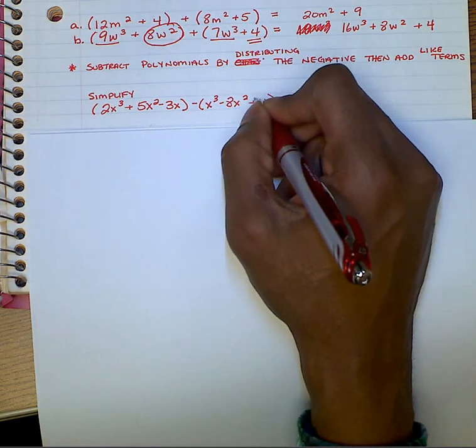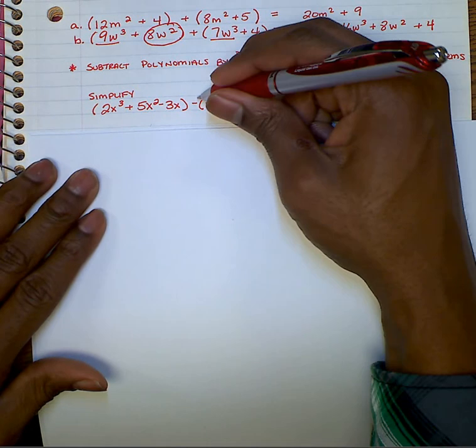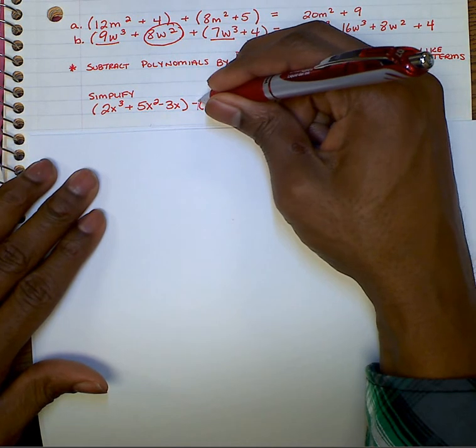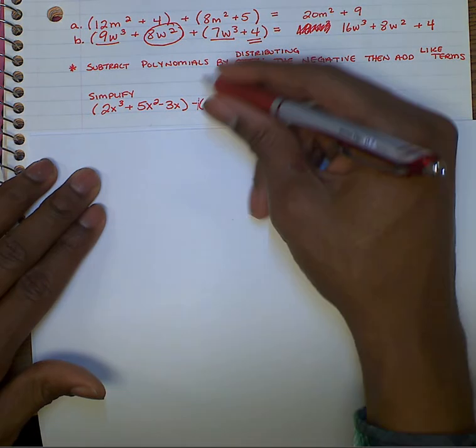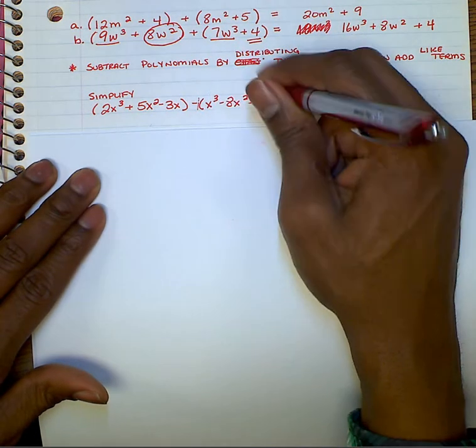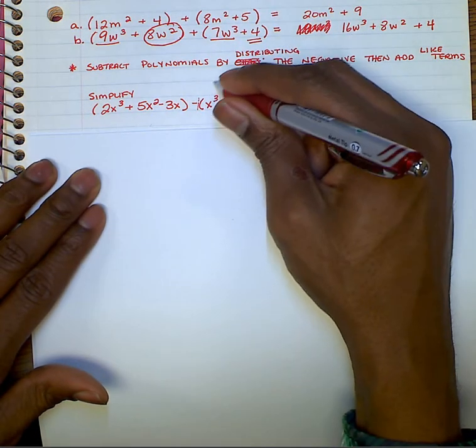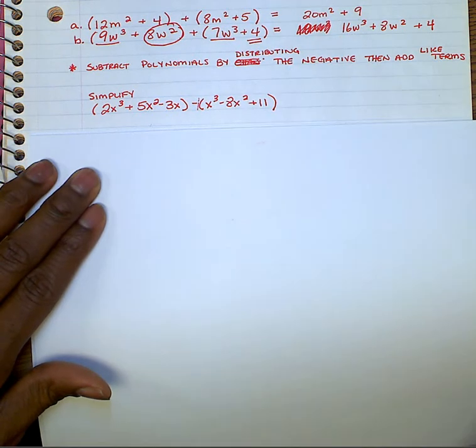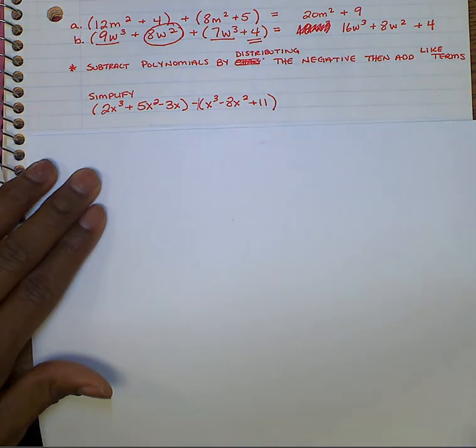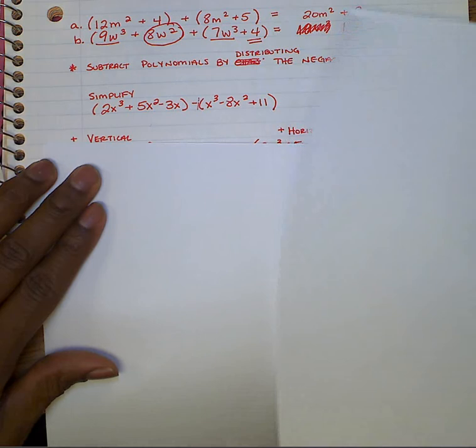Okay. But remember that there's this invisible one here, this understood one that we don't write because everybody should know it's there, that we have to distribute to every term inside here. So it'd be negative x cubed plus 8x squared minus 11. Okay. And we'll use that as we go through these two problems.